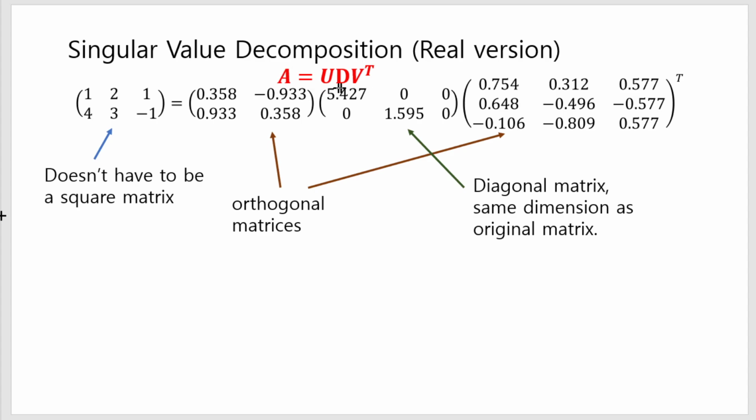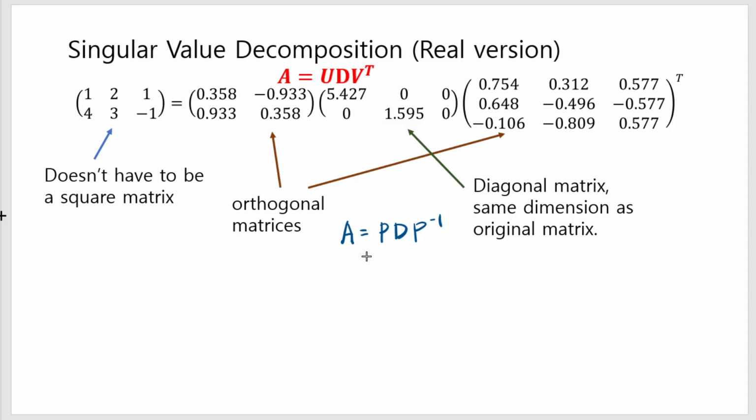Now this one looks awfully similar to diagonalization of a matrix, where you have A equals P, some diagonal matrix, and P inverse. And it's even more suspicious because orthogonal matrices are matrices whose transpose is equal to its inverse. So they look very similar.